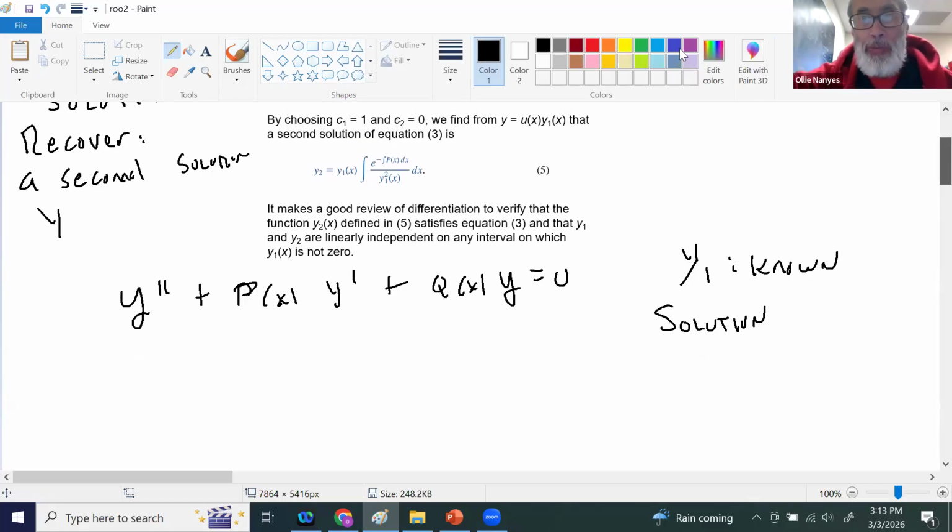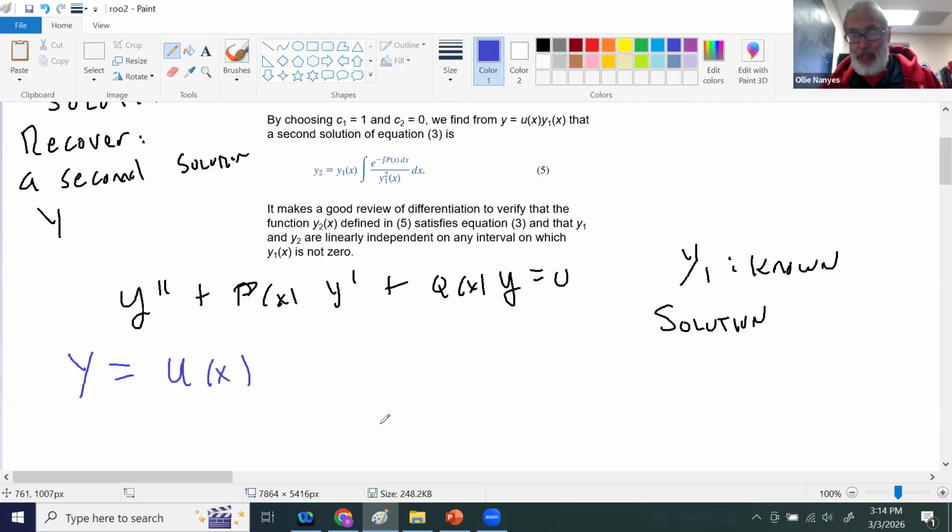Well, what we do, and this is a common technique here, is we attempt a solution of the form y equals some function u of x times the known solution y1, and see what happens.